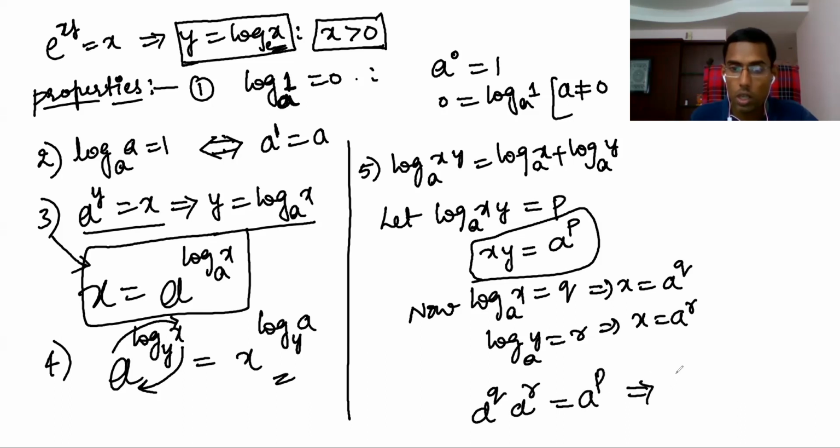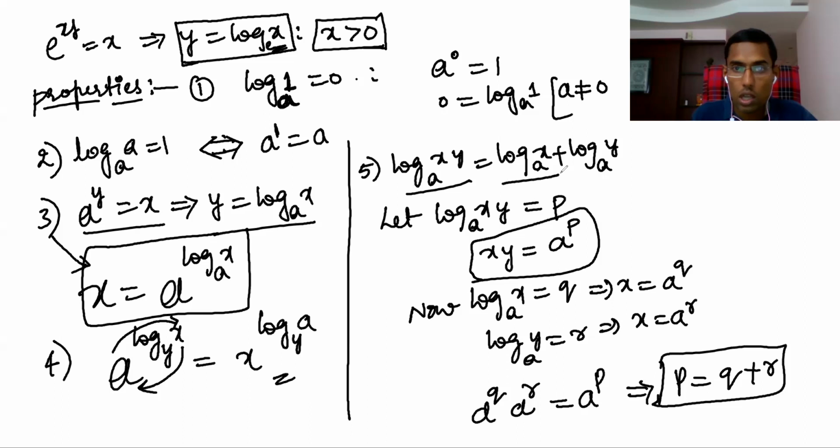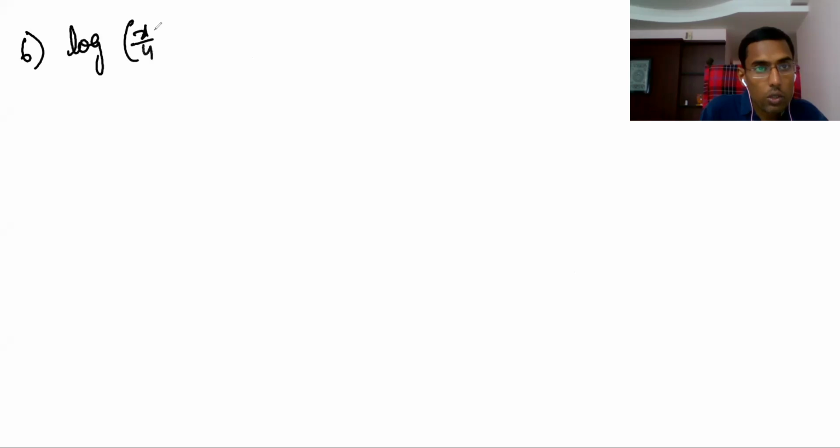That implies p equals q plus r, because a to the power of p equals a to the power of q plus r. So p is log xy to the base a, q is log x to the base a, and r is log y to the base a. So log xy to the base a is log x to the base a plus log y to the base a. Similarly, log x by y to the base a is log x to the base a minus log y to the base a.